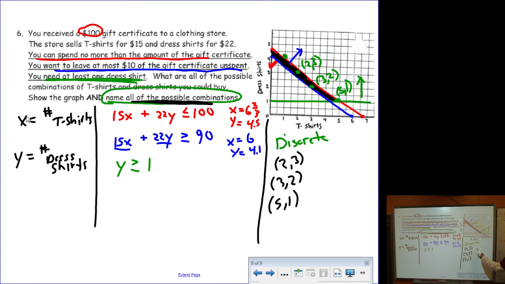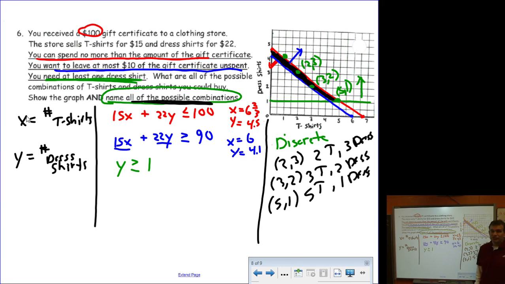The x is the t-shirt, so I could buy 2 t-shirts and 3 dress shirts, or I could buy 3 t-shirts and 2 dress shirts, or I could buy 5 t-shirts and 1 dress shirt. Those are the 3 points that lie in the solution area.